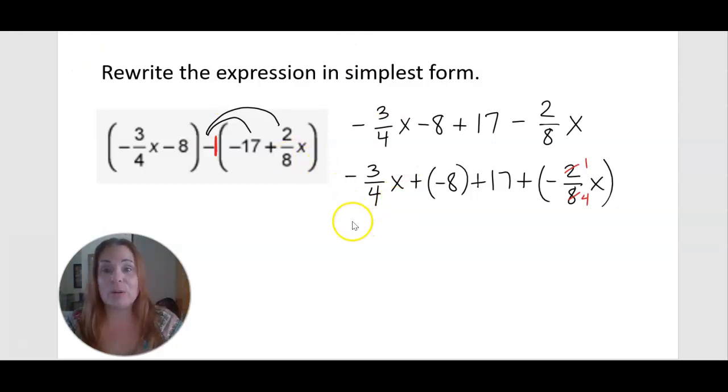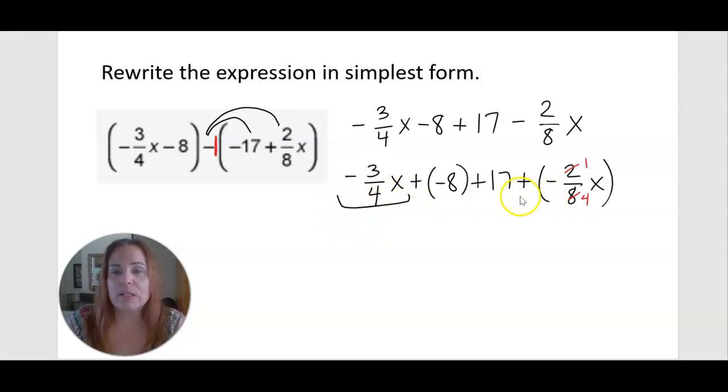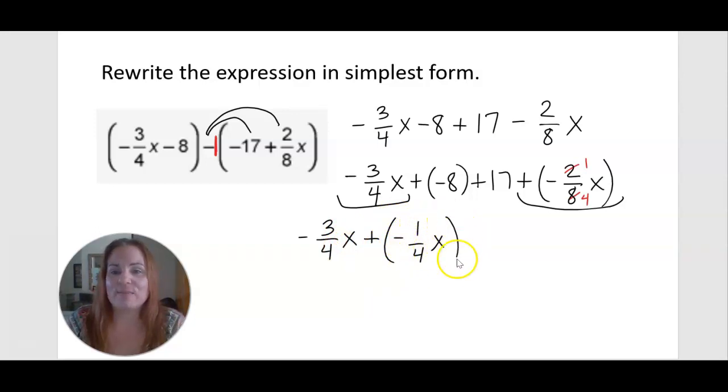Okay, so now just as in the other two, I'm going to rearrange so that the like terms are next to each other. So I've got my two x terms. I've got this one and this one. So I've got negative 3/4 x, and I am adding a negative 1/4 x, and then plus a negative 8 plus a 17.